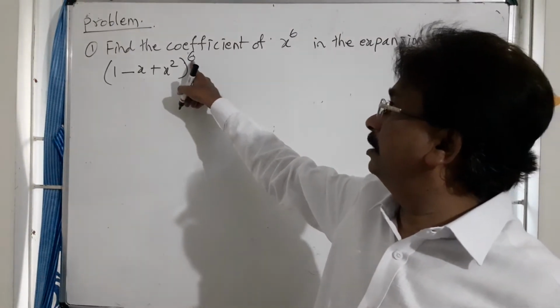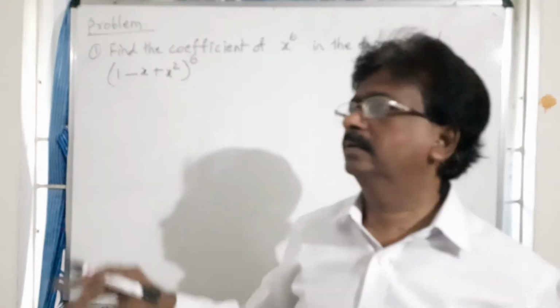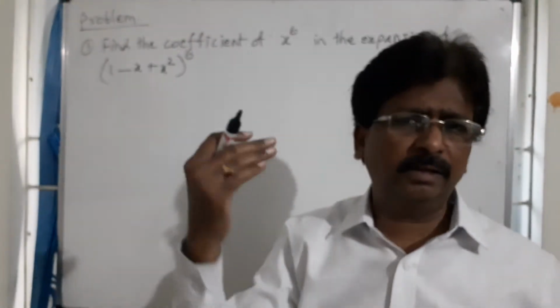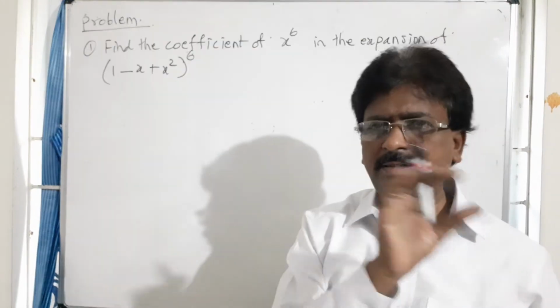If you take a large power, the calculation part is very difficult, so I have taken a small, average number, not very small and not very large: 6.